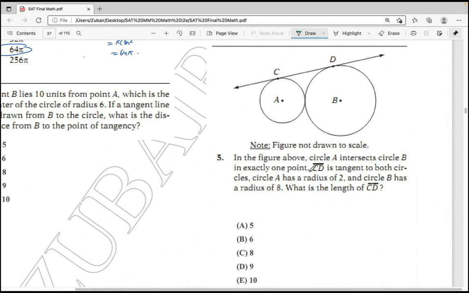So does this say O? CD is tangent to both the circles.